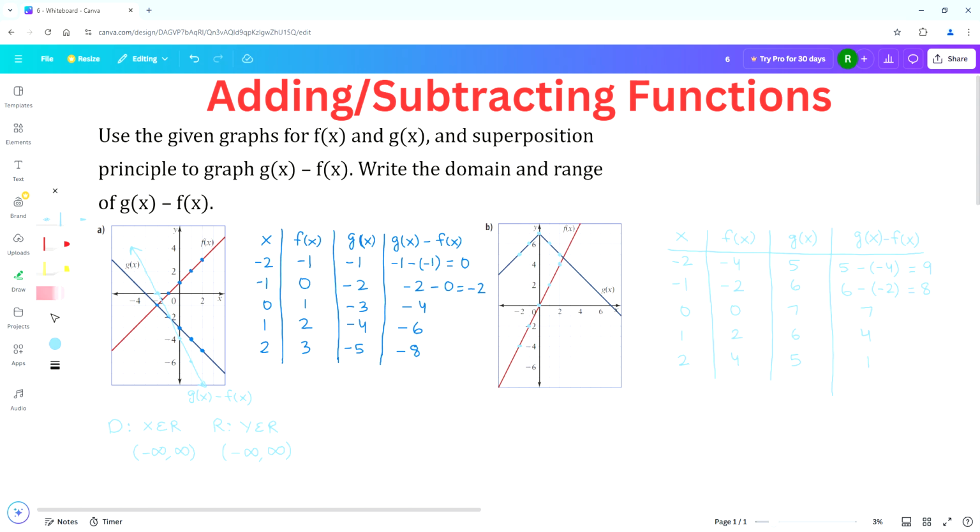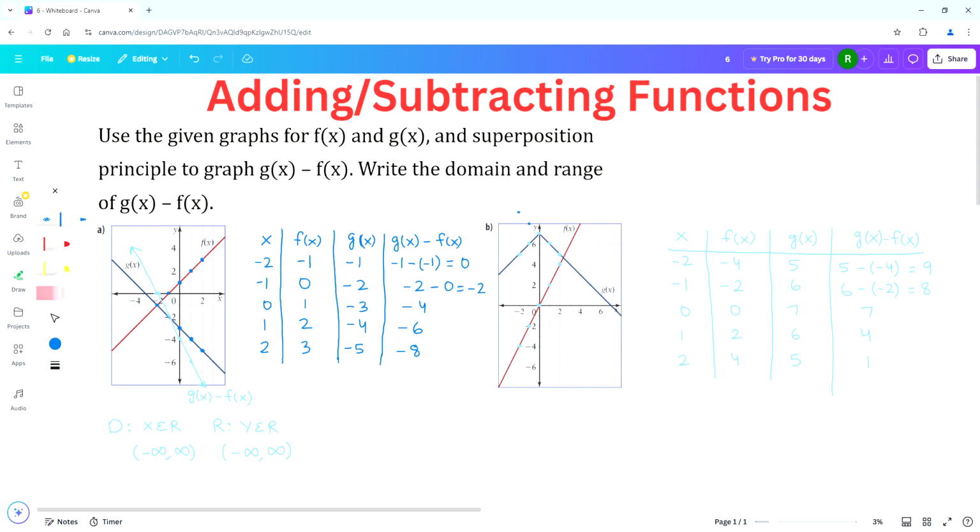Now we have the points for g at x minus f at x. We can plot these points. At x equals negative 2, g at x minus f at x is equal to 9, somewhere here. At x equals negative 1, it is equal to 8, here.